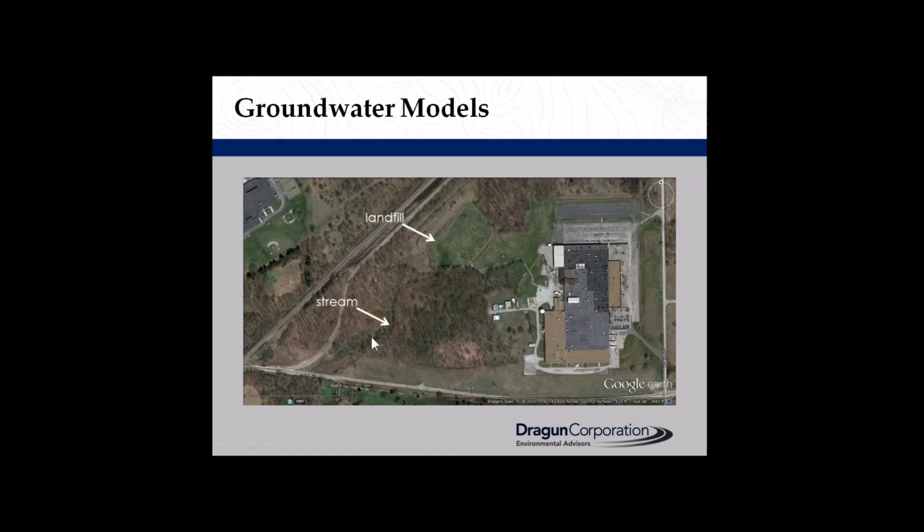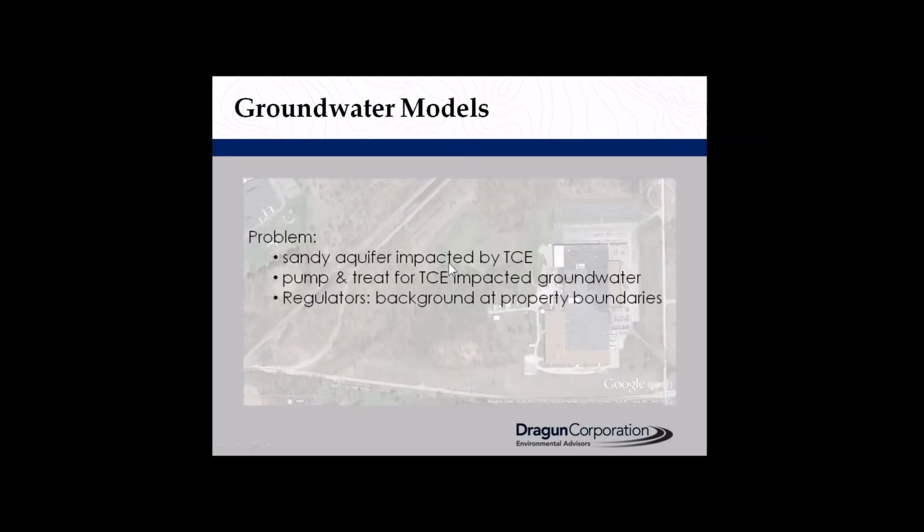So when we got involved, we noticed there was this steeply incised stream on the property. There's a landfill here that was also a potential source of impact. So the problem was we had a sandy aquifer. The soil was sandy, and it was impacted by trichloroethylene. They had used pump and treat for the TCE impacted groundwater.